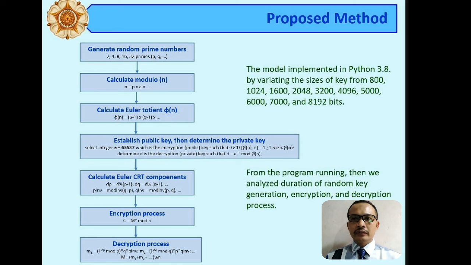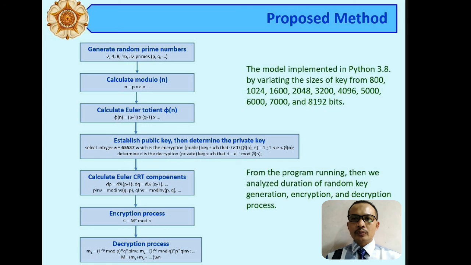And then we can calculate, of course, the other Chinese remainder components as components of the private key that we will use to implement the CRT method in the decryption processing.